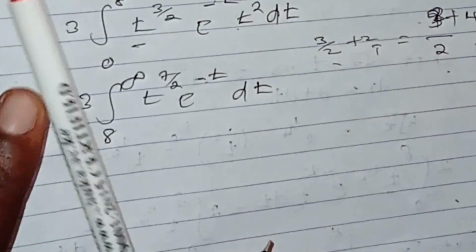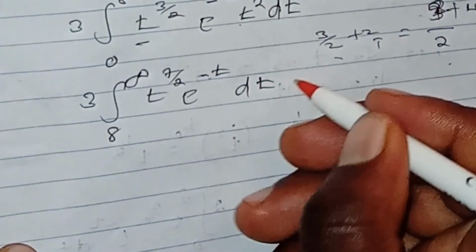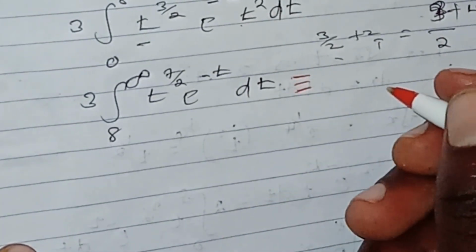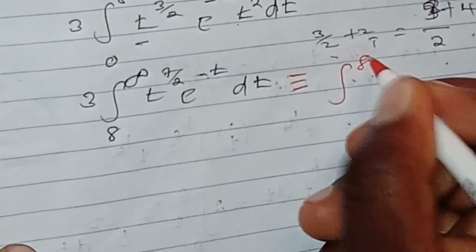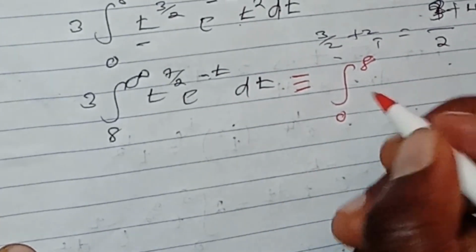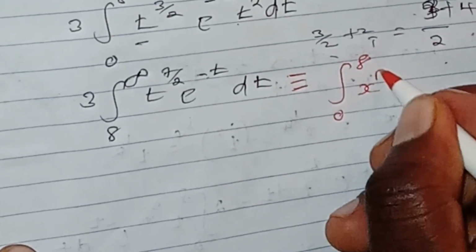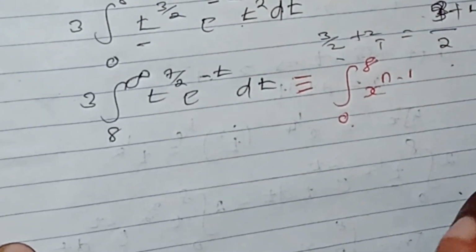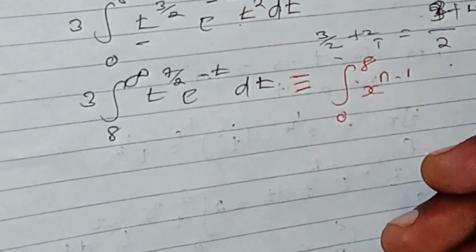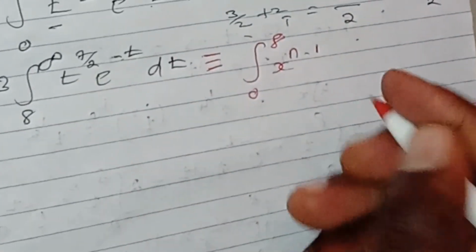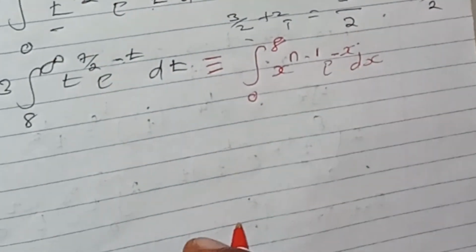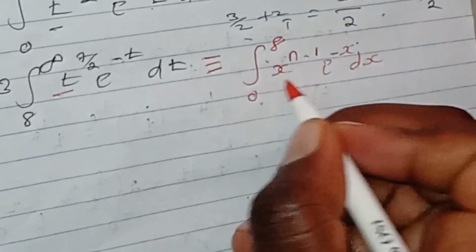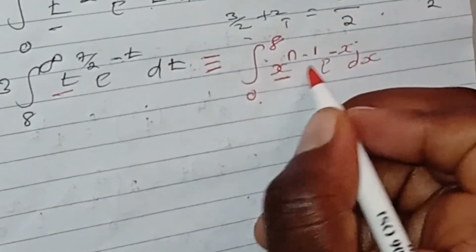So this is equivalent to gamma n, which is the integral from infinity to 0 of x raised to the power n minus 1 times e raised to minus x dx. So you compare t with x raised to the power n minus 1.